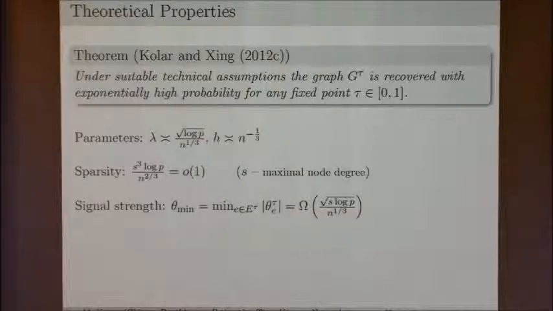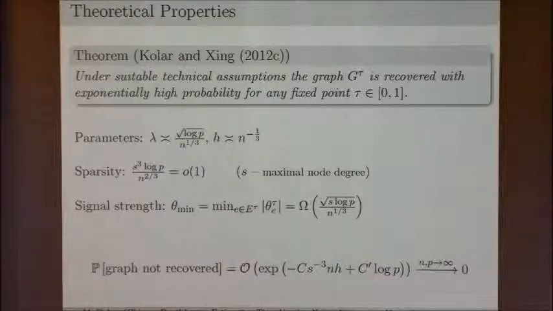Then if the parameters are chosen in an optimal way, the graph is going to be recovered correctly. These two assumptions tell us that the node degree cannot be too large, while this one tells us that partial correlations, or the elements of the precision matrix, that are too close to zero will likely be missed by an estimation procedure.